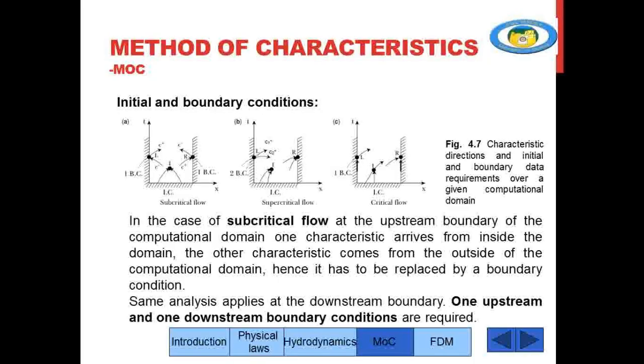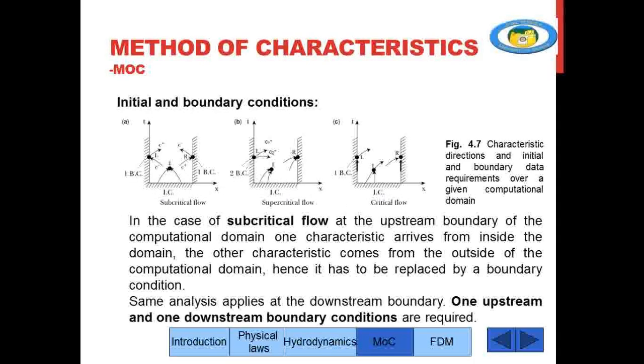These 2 initial conditions, in subcritical, supercritical, and critical flow conditions, come from 2 different points. So determination of the initial condition requires 2 points for the initial flow.